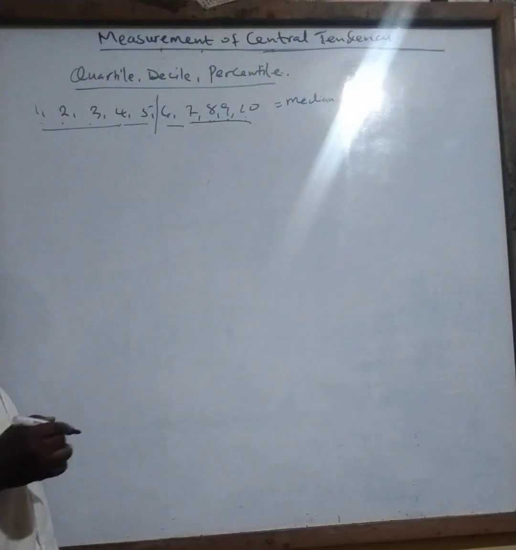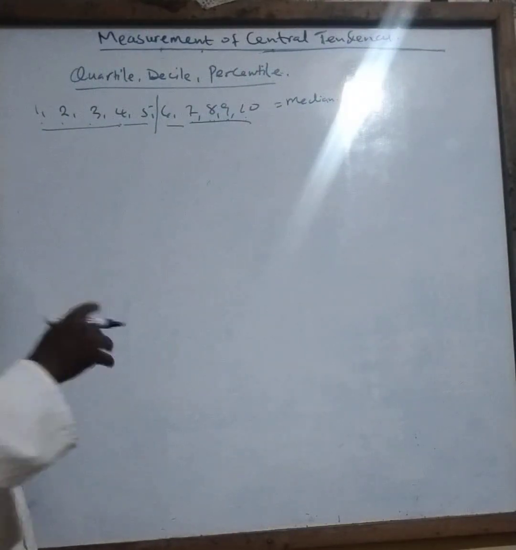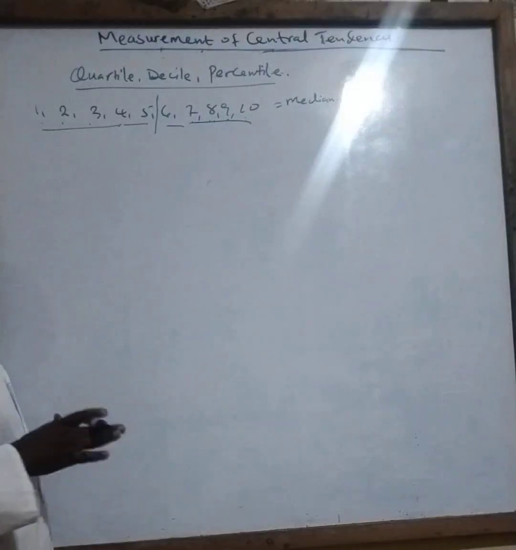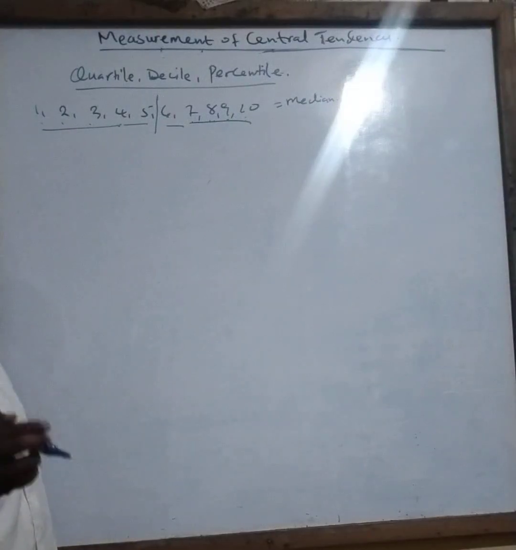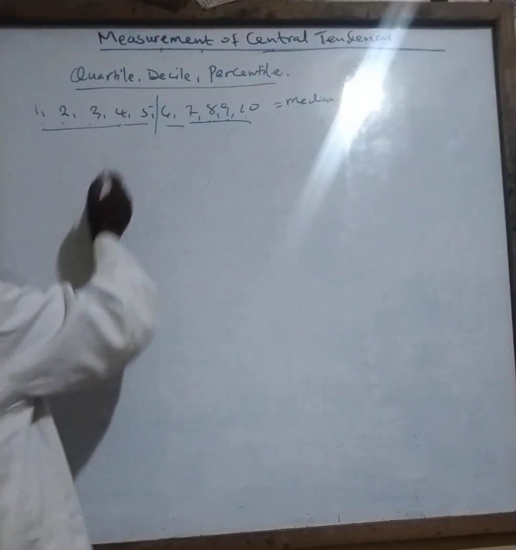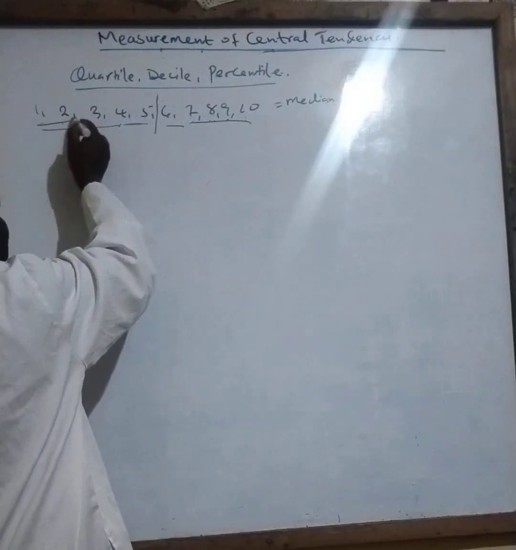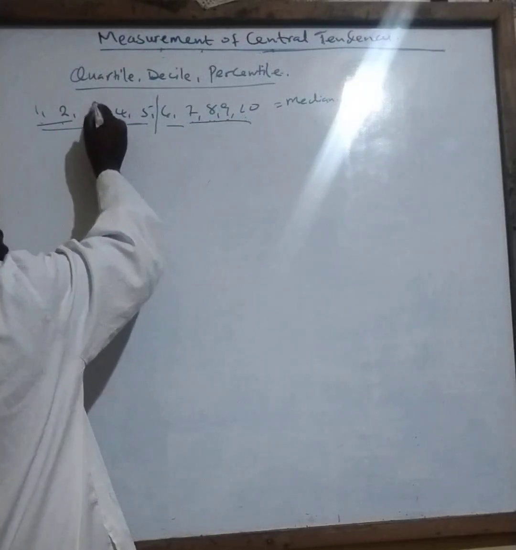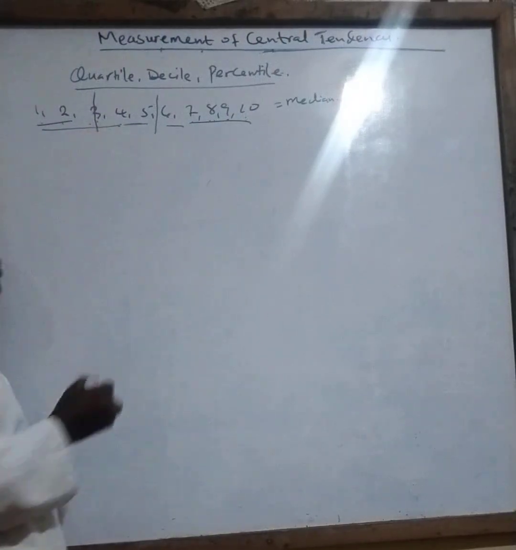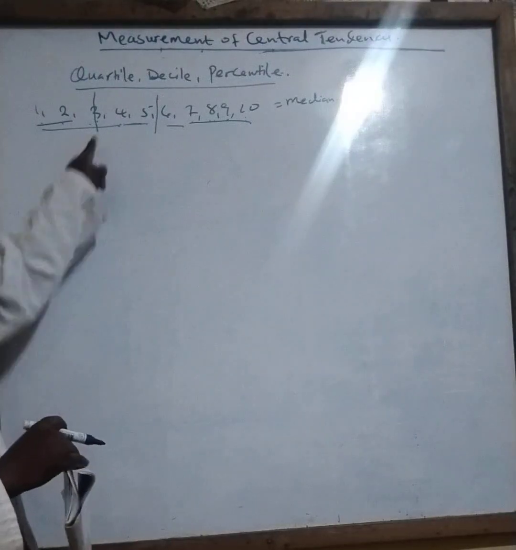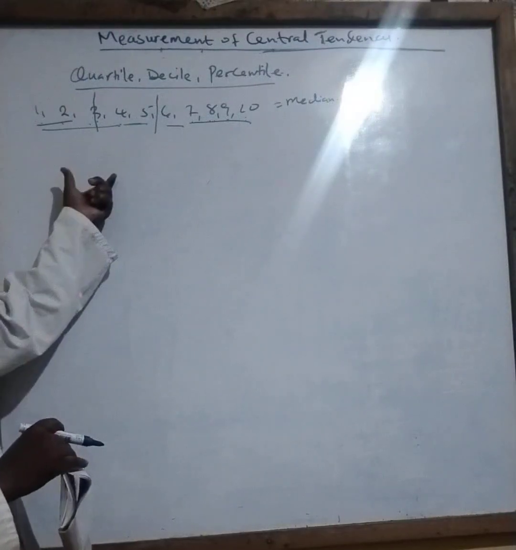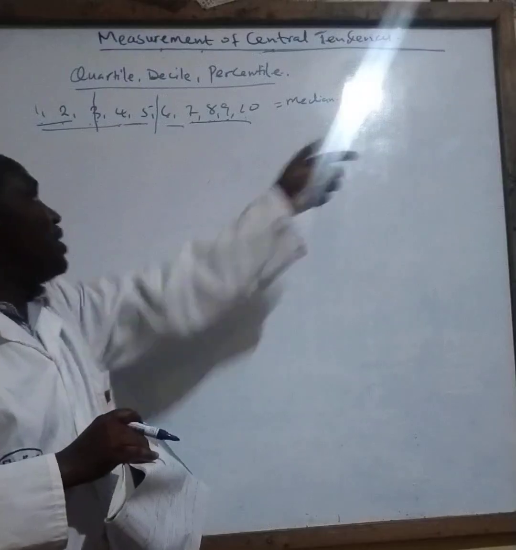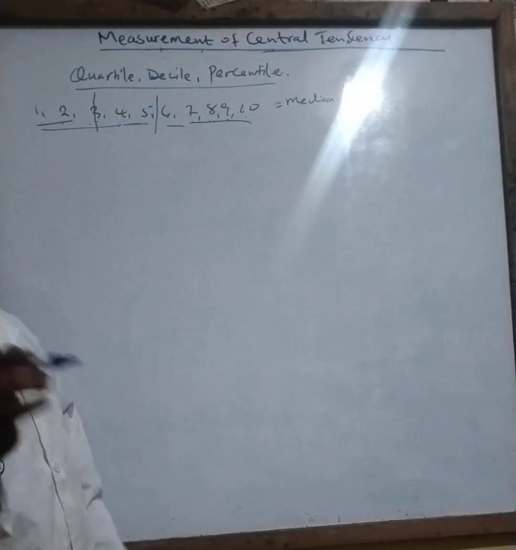Then you can decide to go further and divide the first part of the numbers into 2 again. I will pick this and pick this. So my 3 is the middle number. This is a middle number here on the lower part. When I go to the upper side, I can again divide the data into 2.